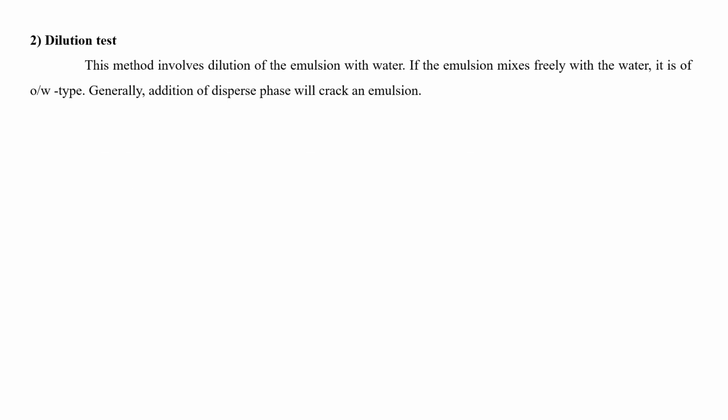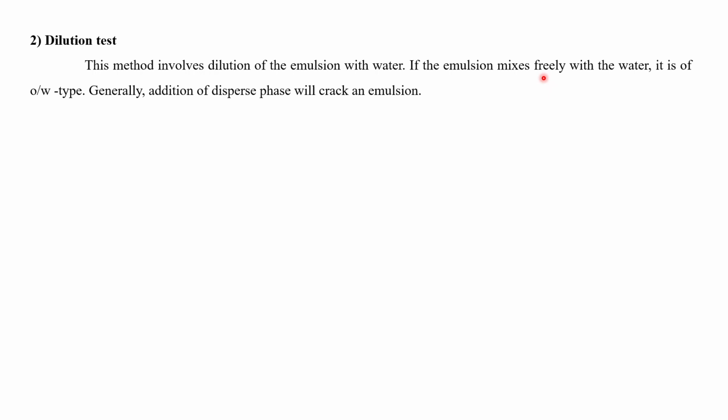The next one is the dilution test. We will be diluting the emulsion with water. If water is the continuous phase, the emulsion looks clear, and the water will be easily mixed with the emulsion.